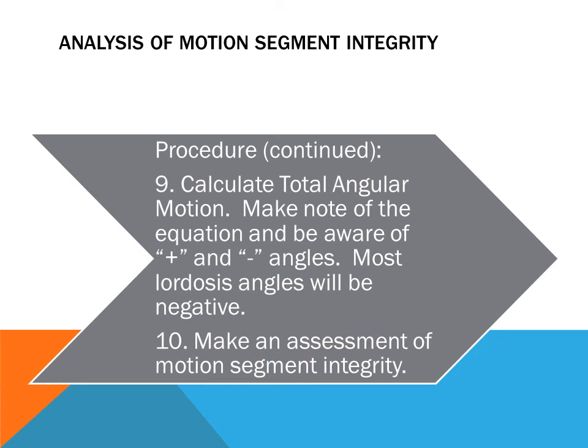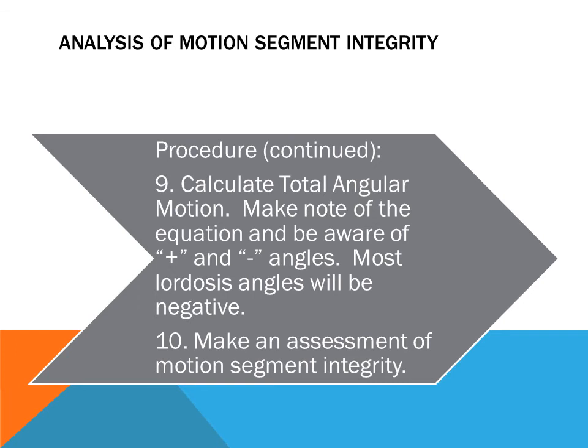Okay, next step in our procedure, according to the AMA guides now, is to calculate total angular motion. And be particularly careful with your plus signs and your positive signs. I have to be honest, I have once lost track of my positive and minus signs, and I awarded permanent impairment for loss of motion segment integrity simply on the basis that I assigned an incorrect angle to one of the intersegmental motions, and that can make a significant difference.